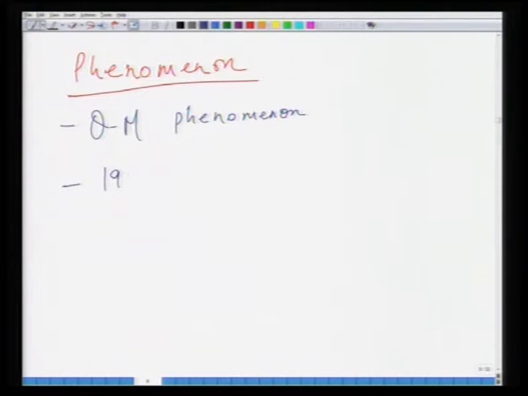So what happened was, in 1957, BCS theory, which was coined after Bardeen, Cooper and Schrieffer, three scientists. Bardeen was John Bardeen, Cooper was Leon Cooper, and Robert Schrieffer.